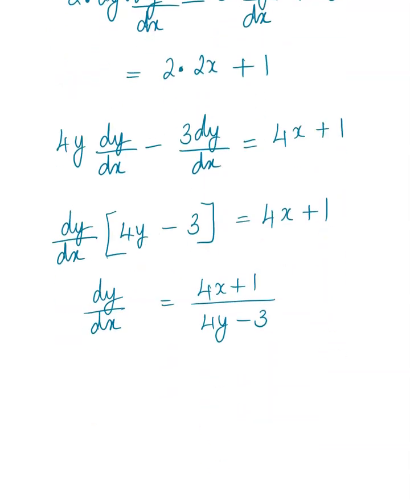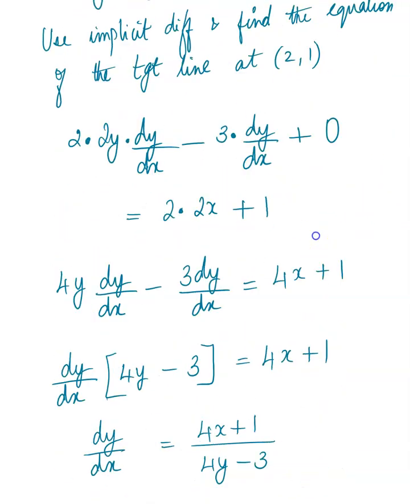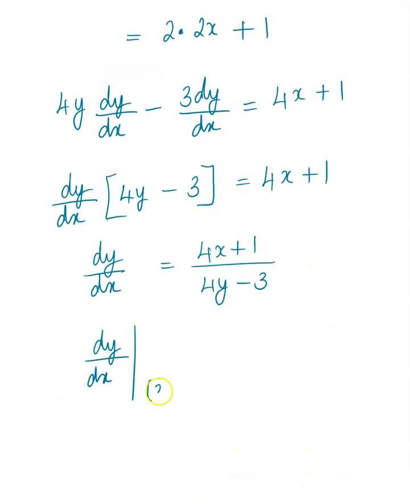Typically, we stop here, but this question, they gave us a point, and they also told us to find the equation of the tangent line. So then we have to do dy over dx at the given point, which was 2, 1. X is 2 and y is 1. Plug that in.